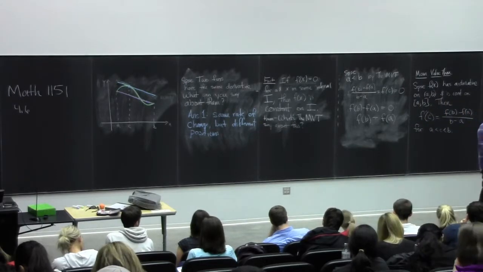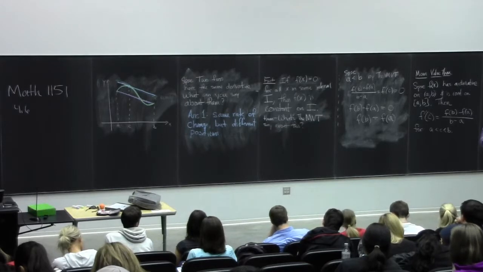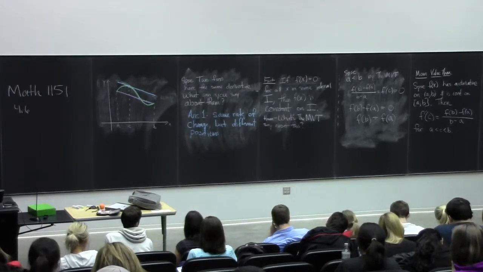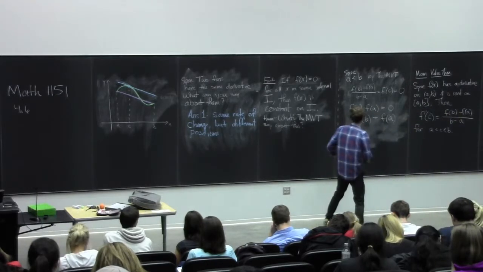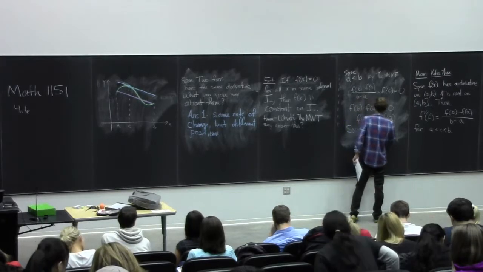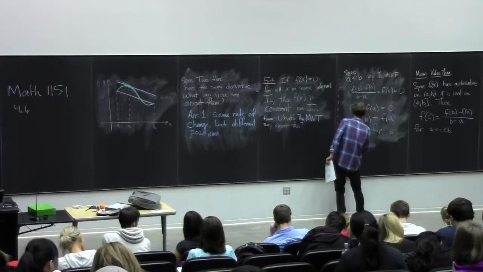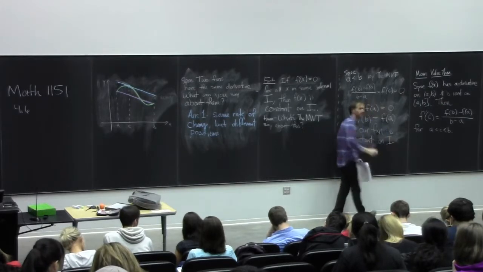And that's what we wanted to say, right? We wanted to say that our function was constant on the interval. Sounds good. So this is a little application of the mean value theorem. That's all this is, okay? So our function is constant on I.